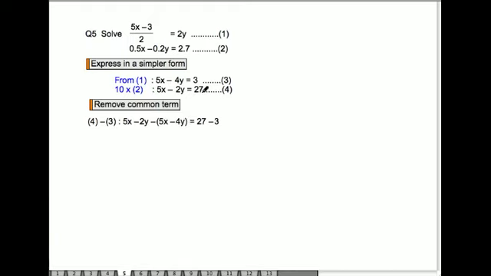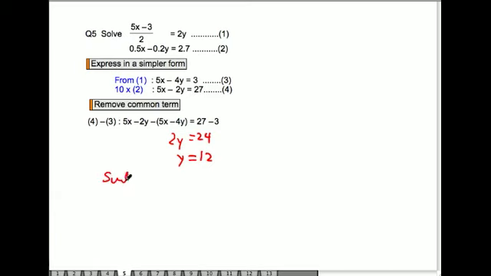And on the right-hand side, we have 27 minus 3. 5x is removed. 5x minus 5x is 0. Minus 2y minus minus 4y, that is minus 2y plus 4y, is 2y. Thus, we have y equals 12.